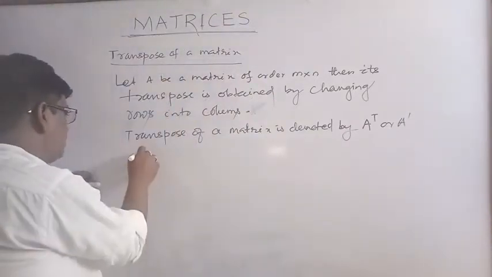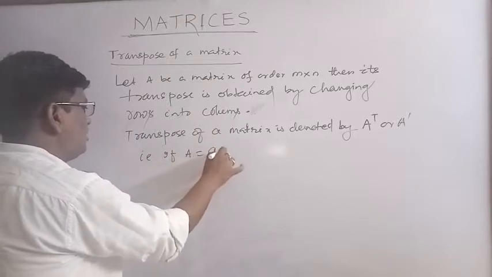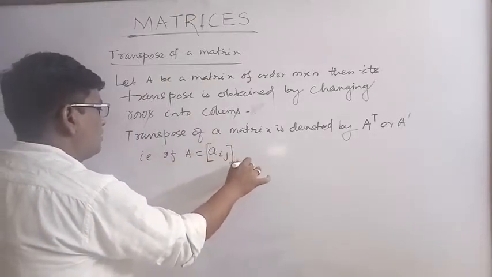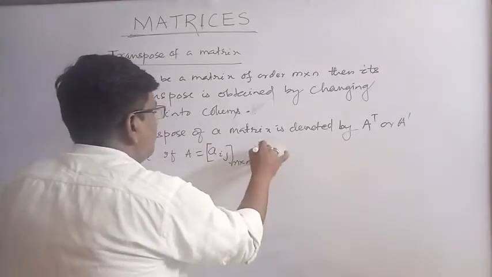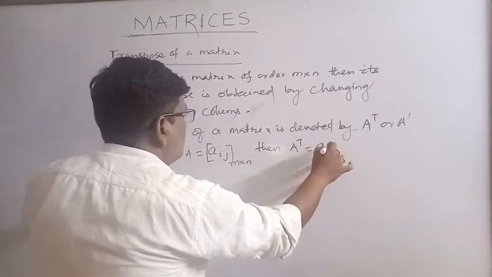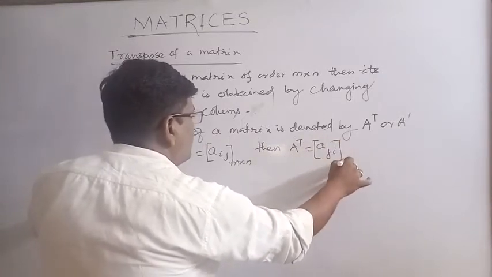That is, if A is equal to a ij whose order is m into n, then A transpose is equal to a ji whose order is n into m.